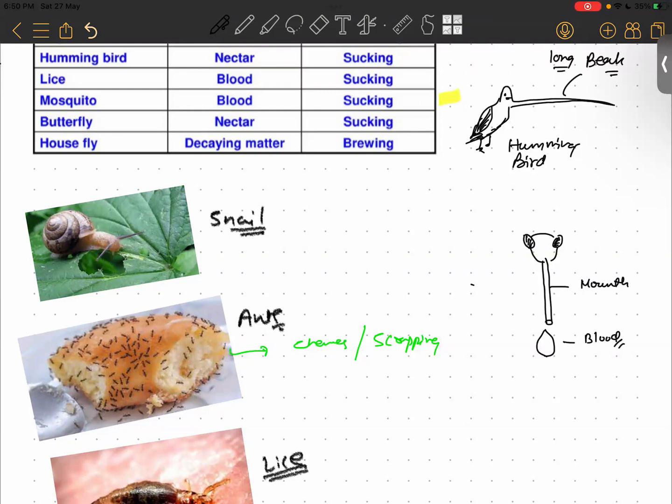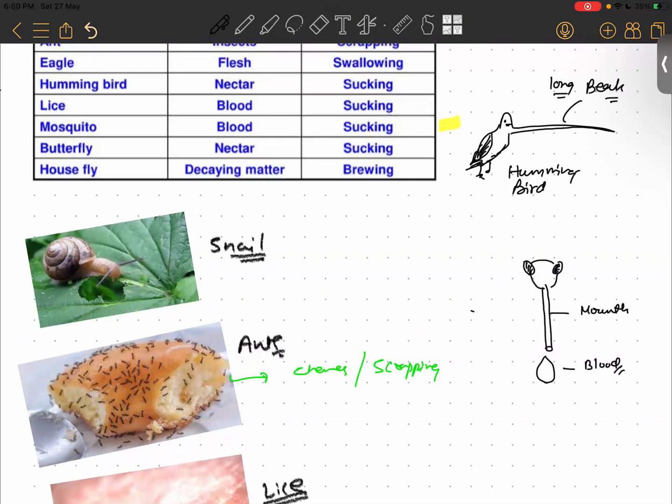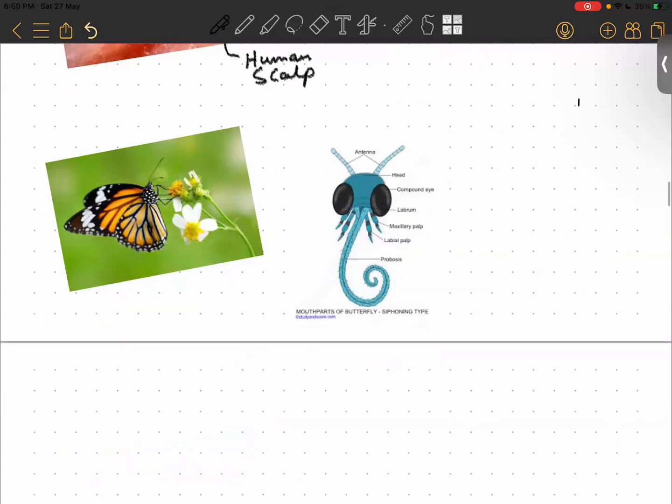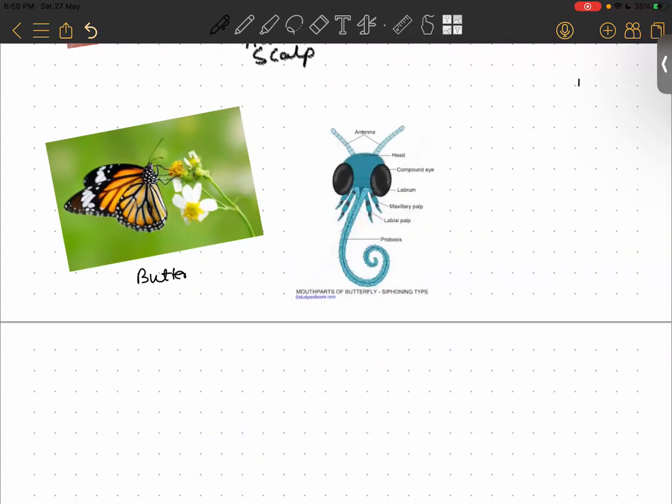And what about housefly? Housefly takes up food via sponging, and they feed on decaying matter. See the diagram of this butterfly here. Can you see the mouth of the butterfly in the second figure?